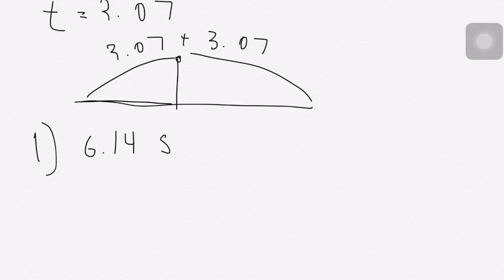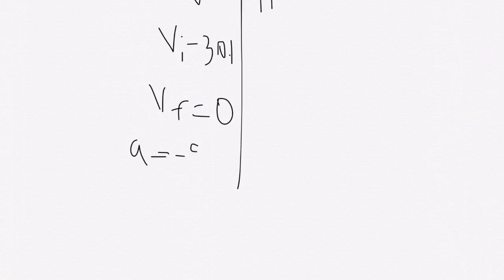Okay, so after this, you have to find the distance of the vertical. For vertical, we found the initial, which was 30.1. The final was 0. The acceleration was negative 9.8.